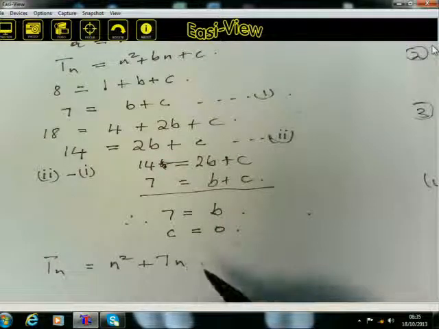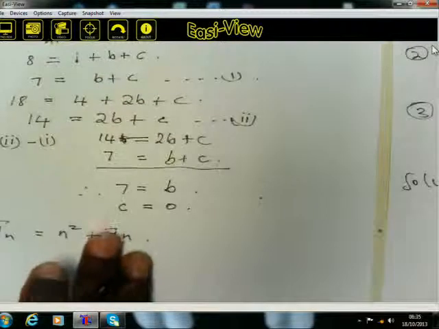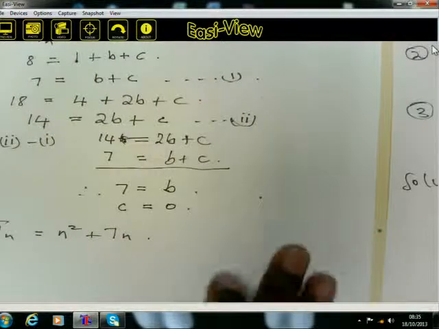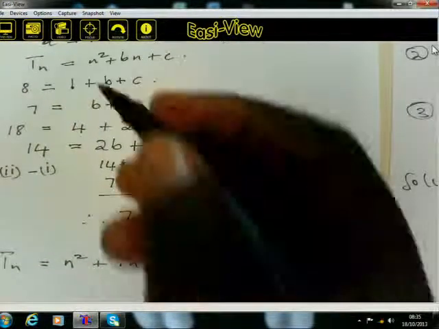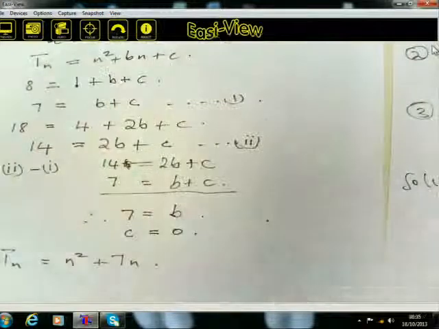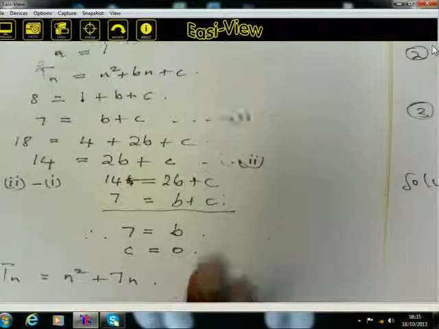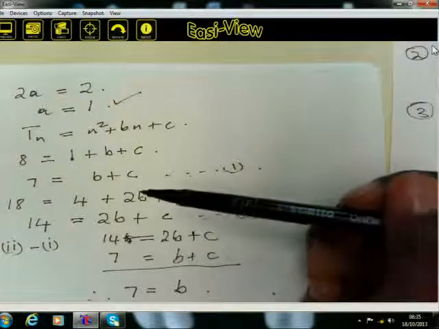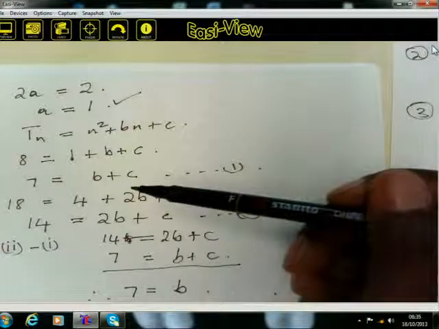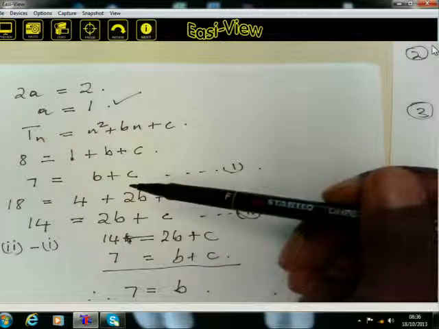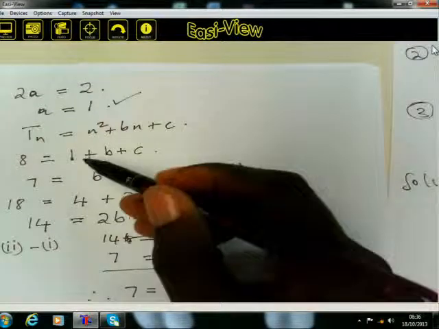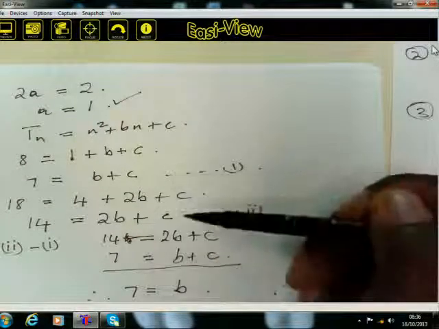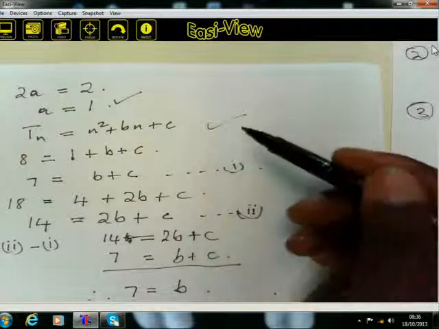Now let's see how the marks are being allocated. Very important. A is equal to 1. For getting the value of A, you get 1 mark. Right? And then for the substitution of A, you are going to get 1 mark.